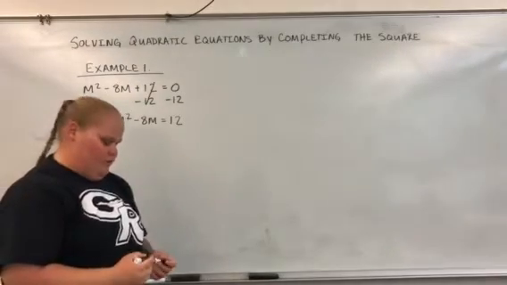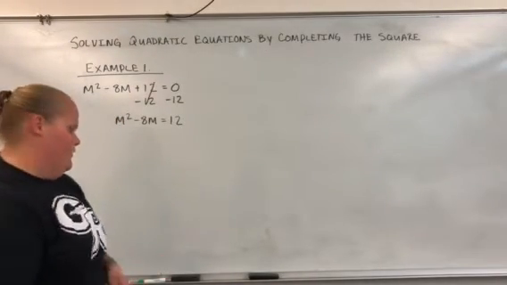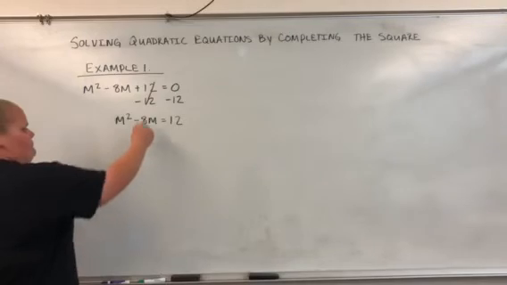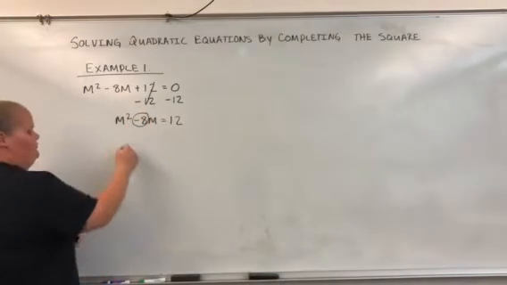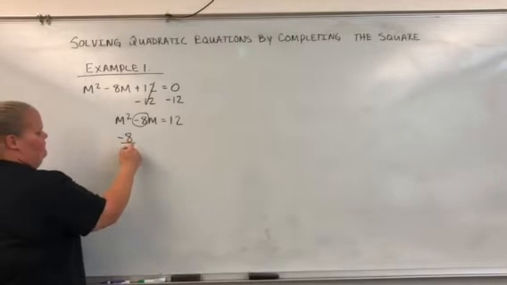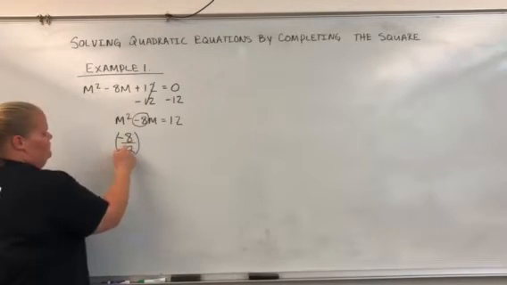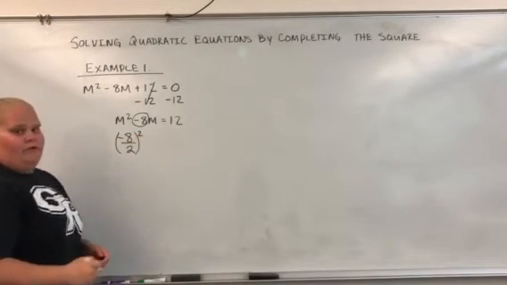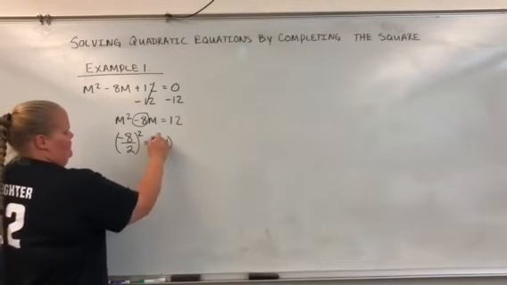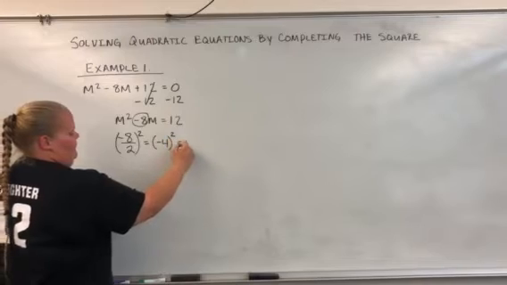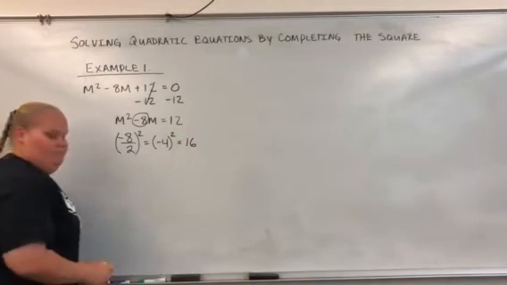Now from here, what we're going to do is actually complete the square. We're going to take this middle term, this negative 8m, and we're going to divide negative 8 by 2. Then we're going to square it. Okay, so negative 8 divided by 2 is negative 4. We're going to square it, and that gets us positive 16.